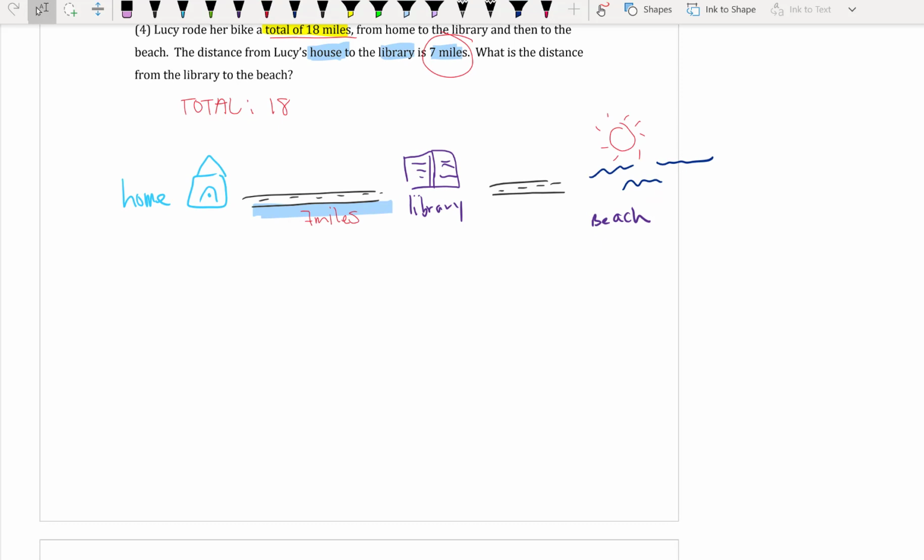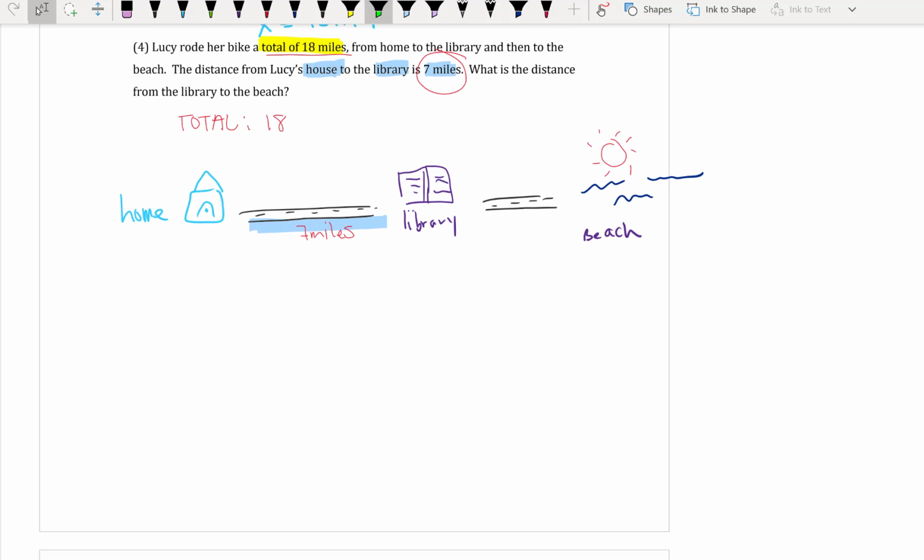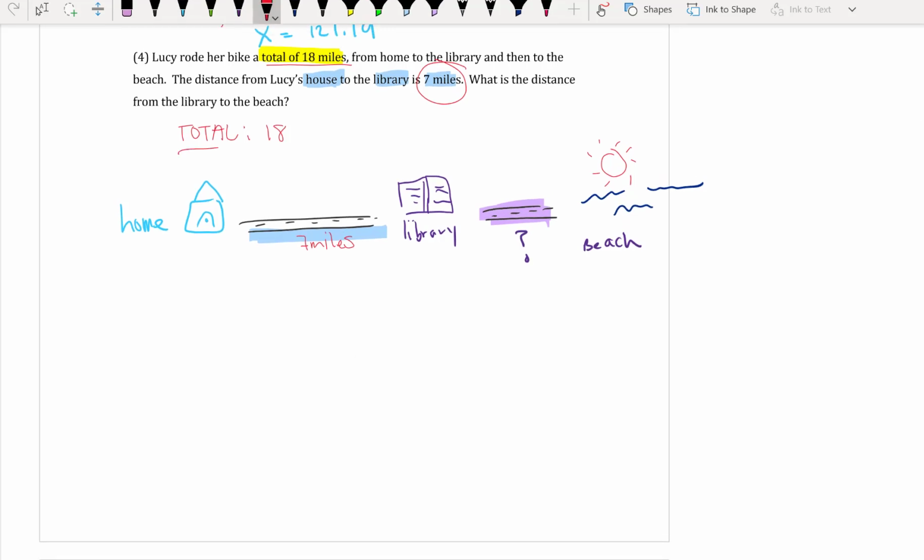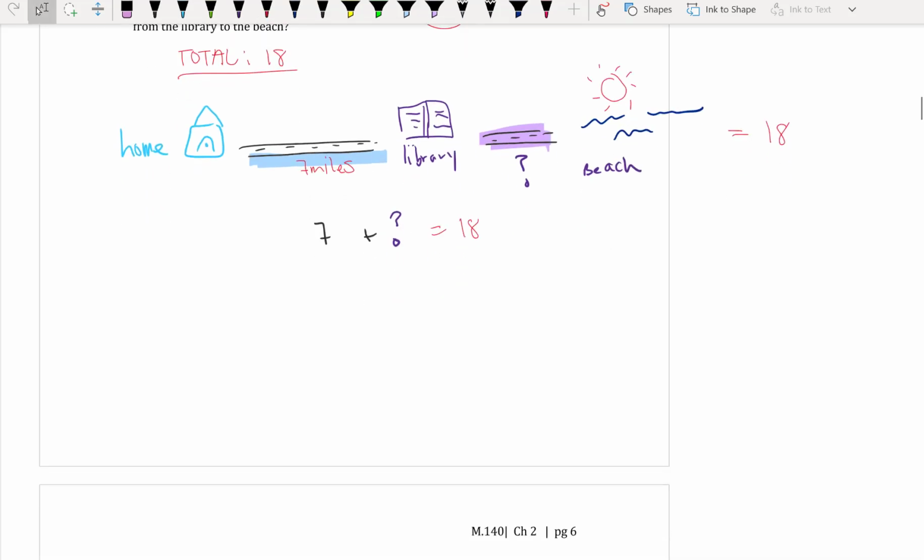So this is what we don't know. But we also know something else. We know that the total is equal to 18. So what we have is 7 miles plus I don't know the distance between the library and the beach, but I know that the total miles that she rode on her bicycle was 18. So for that question mark, we can say it's 7 plus x is equal to 18.